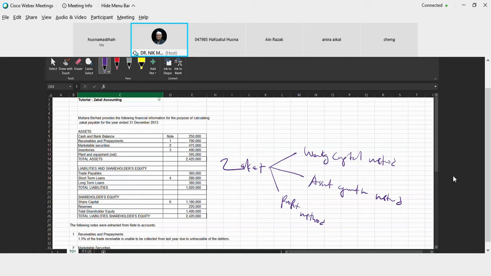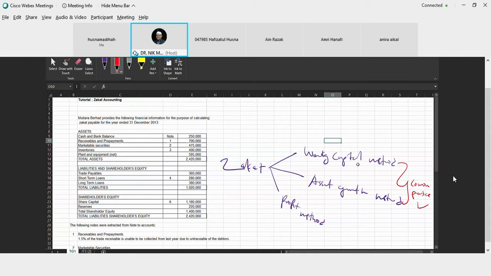Based on these sessions, only these two methods are common. This is a very common practice. Only these two methods.